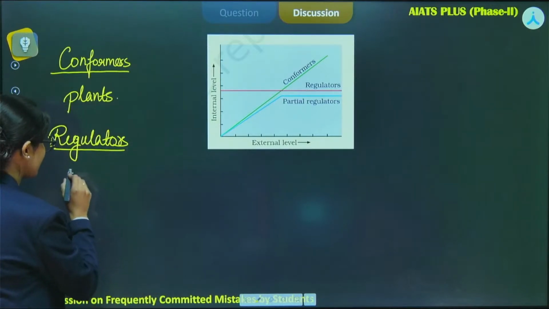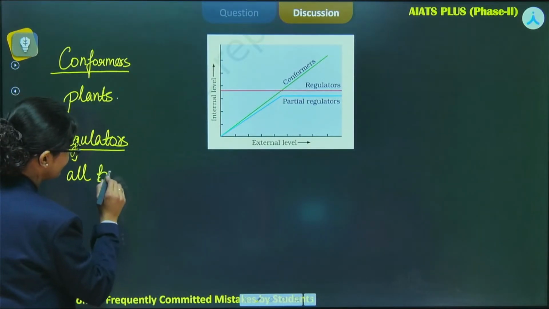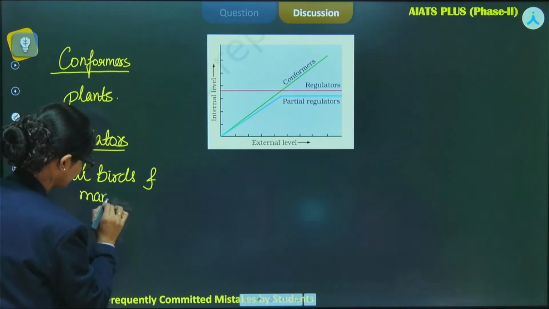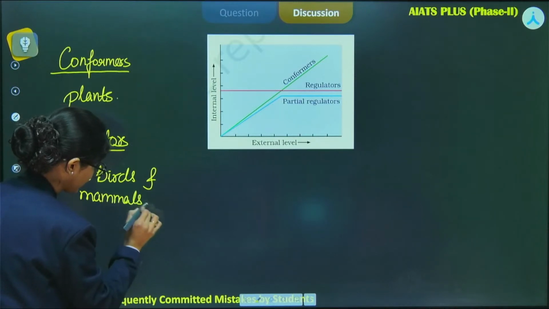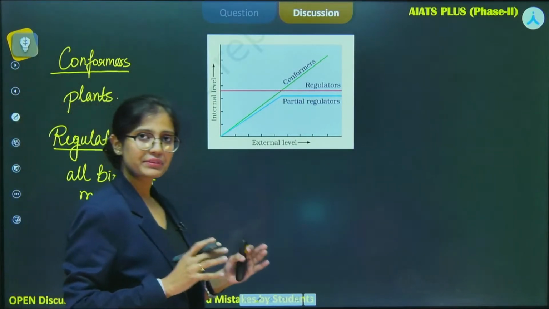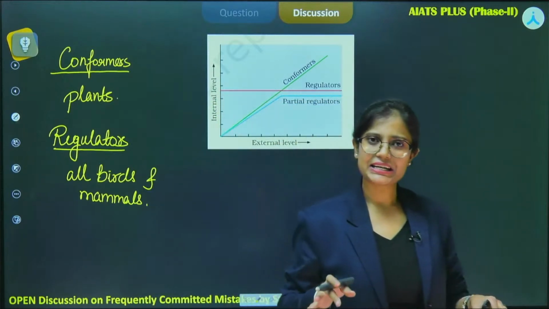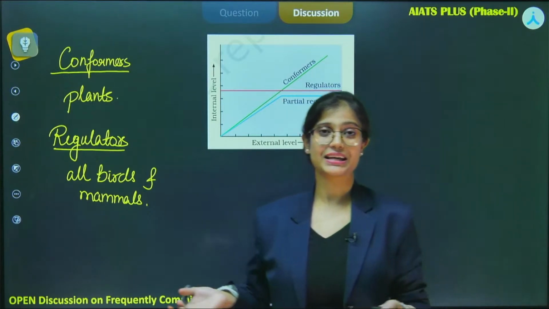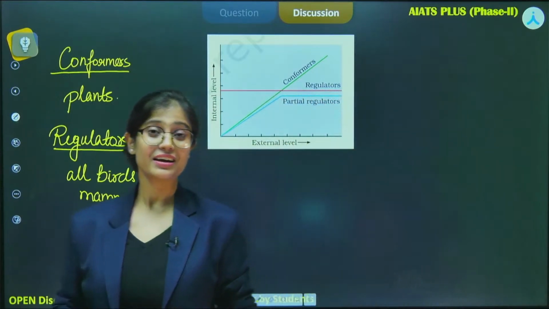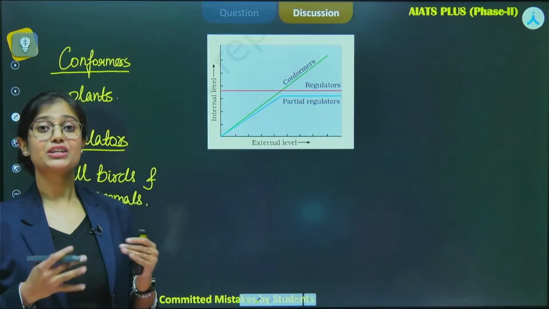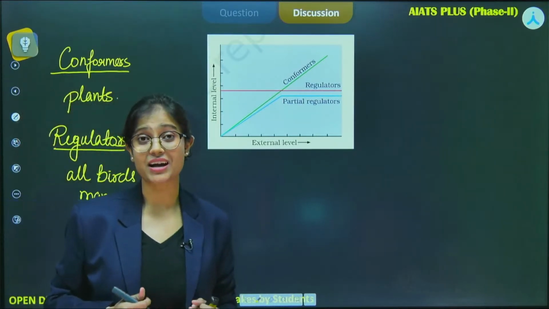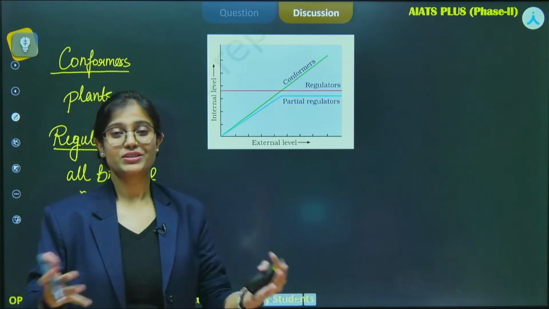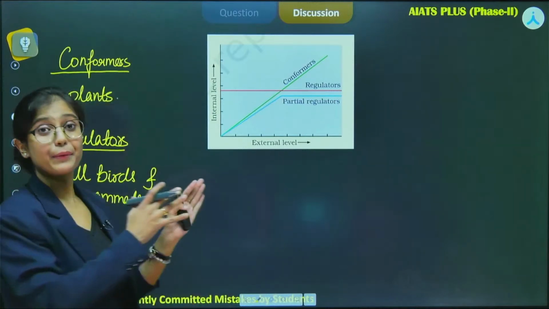For example, all birds and mammals. You have seen that we have the ability to survive in any condition. If we are in the Sahara Desert, we survive. If we are in the Antarctic or Arctic area, humans survive there also. That means we have the capability to maintain our temperature irrespective of the condition outside in the environment. So we are regulators.